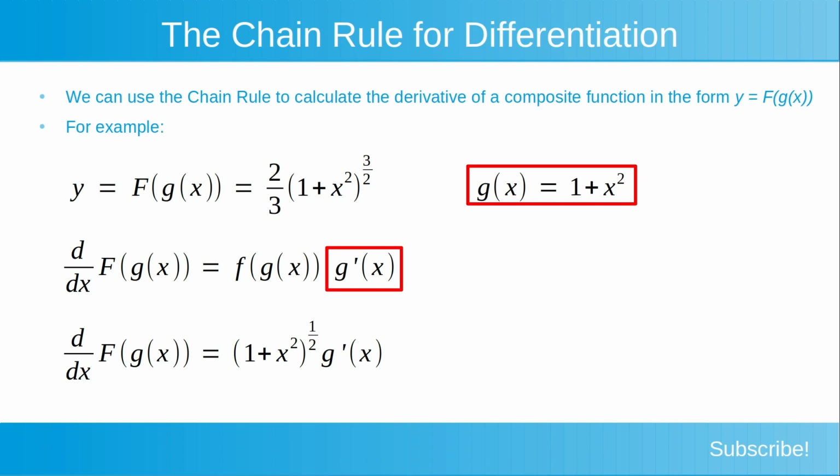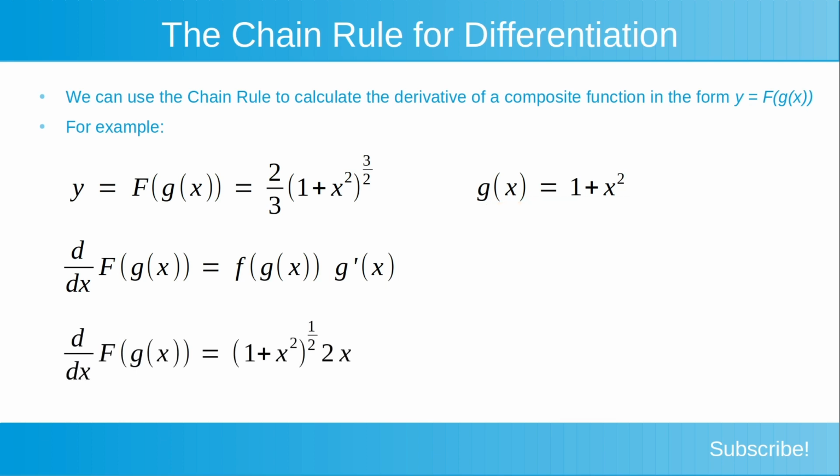And for the derivative of x squared with respect to x, here we can use our power rule again. So here our power is equal to 2. So we're going to want to multiply by the power and then subtract 1 from the power. So when we multiply by 2 and subtract 1 from the power, we get that g prime x is equal to 2x.